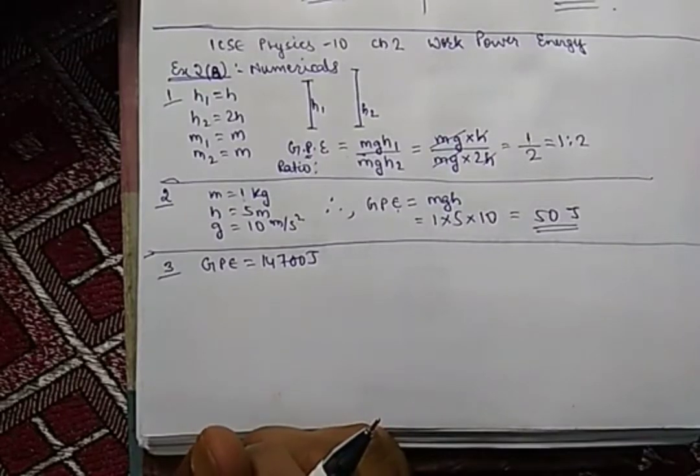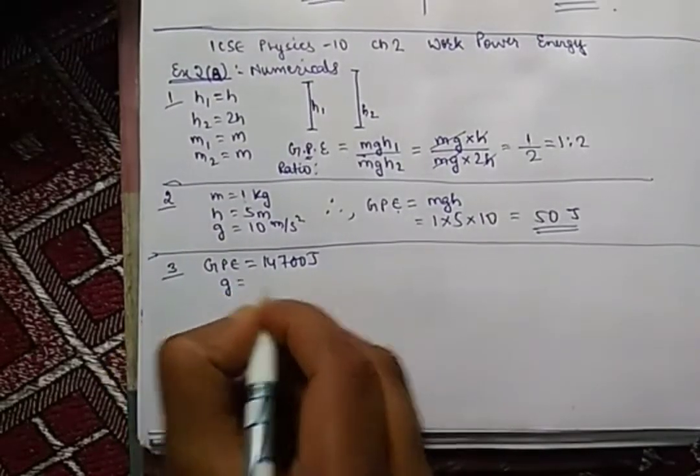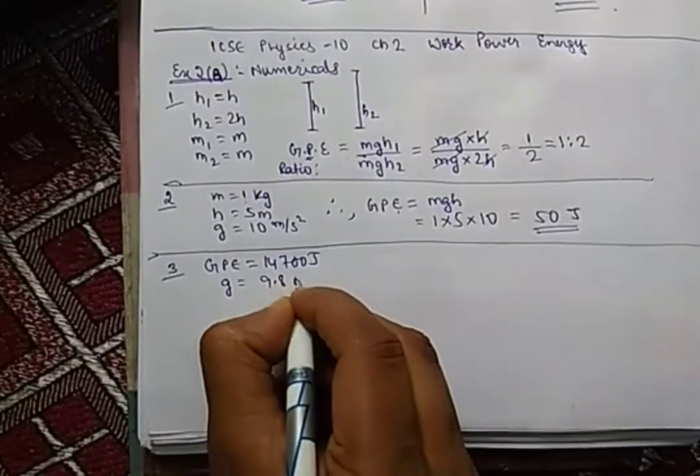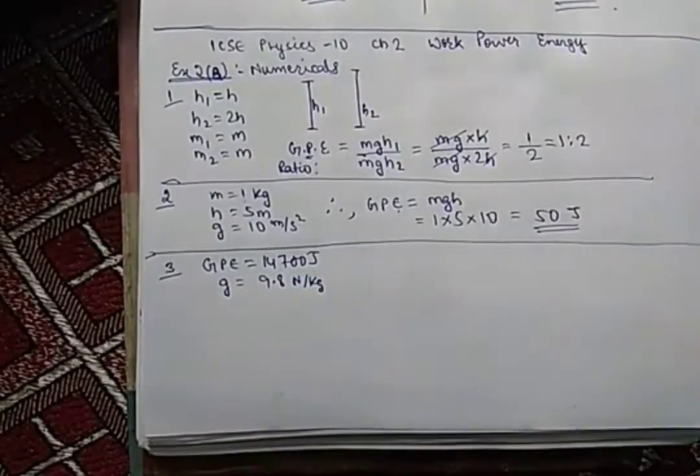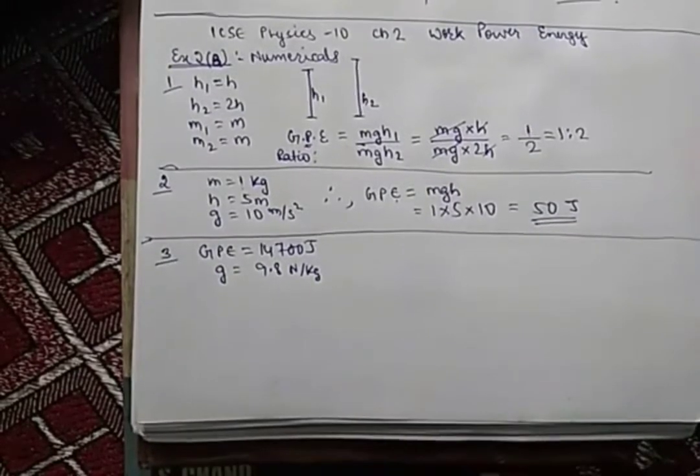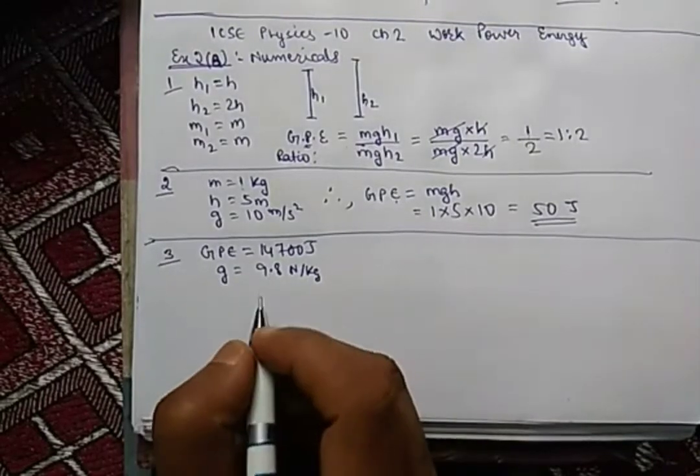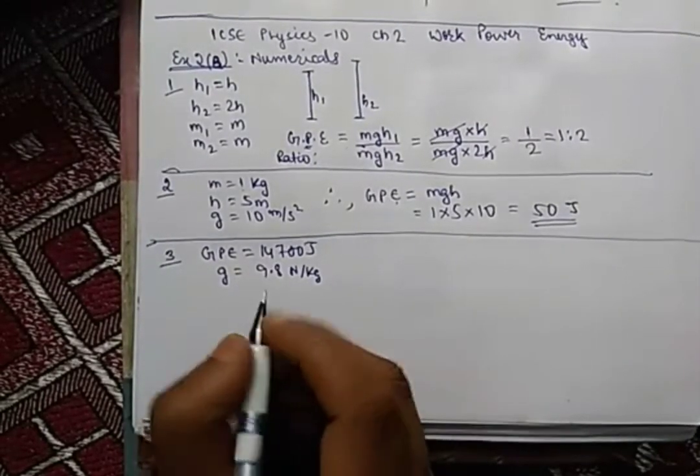Take g is equal to 9.8 Newton per kg. And what else is given? Weight 150 kgf.